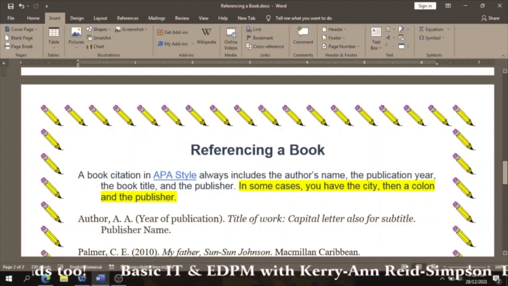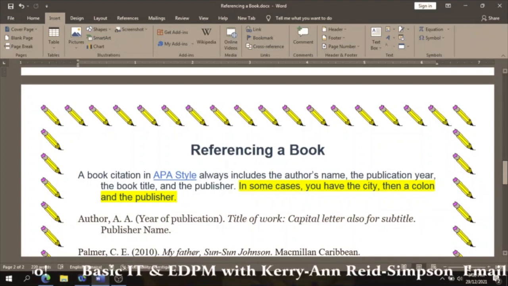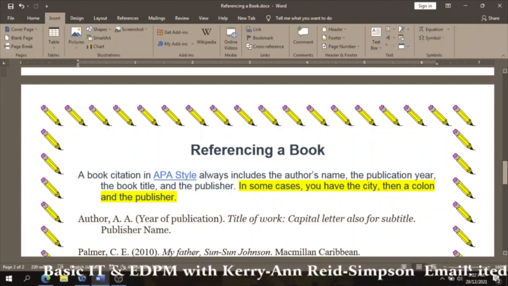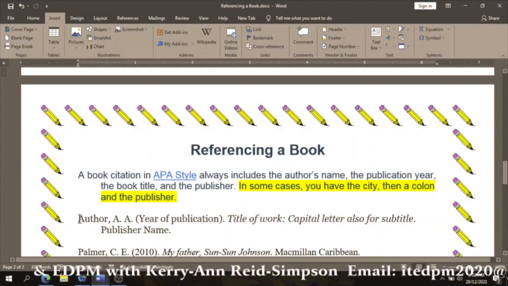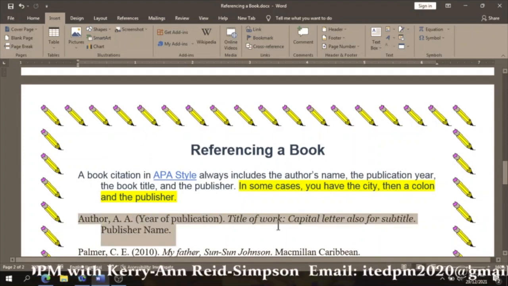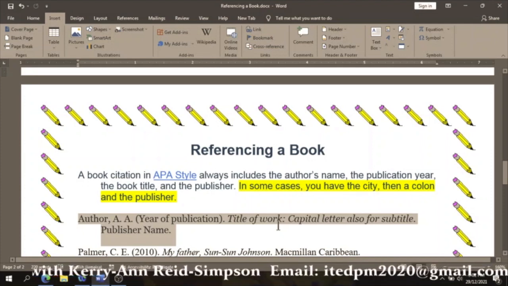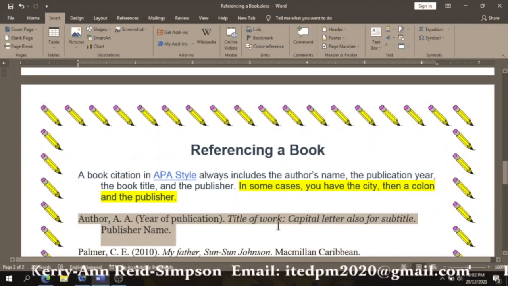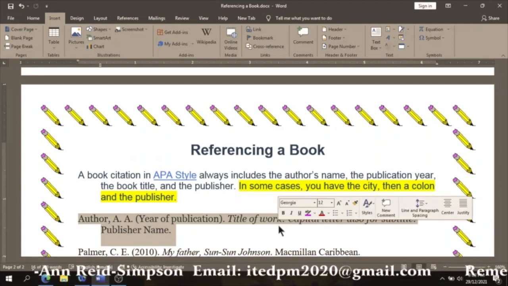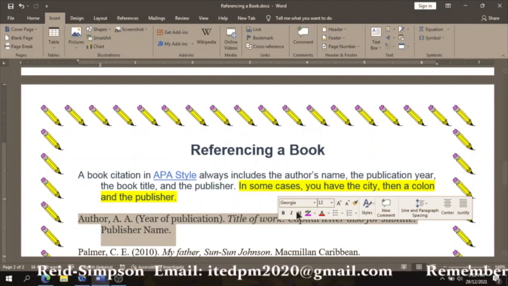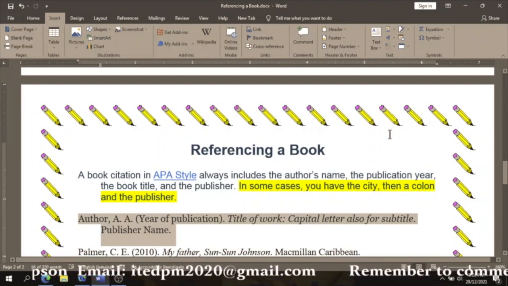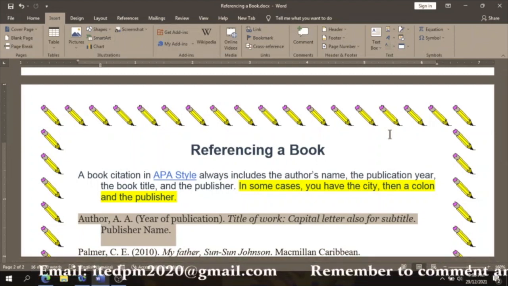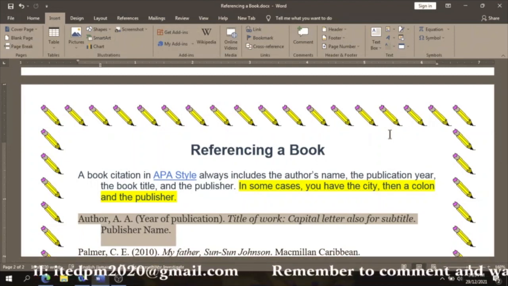All right. So an example is right here where you'd have the author. And of course, I remember telling you that the last name of the author will come first and it will be spelled out, and then that will be followed by the initials of the first and the middle name, if there is a middle name.